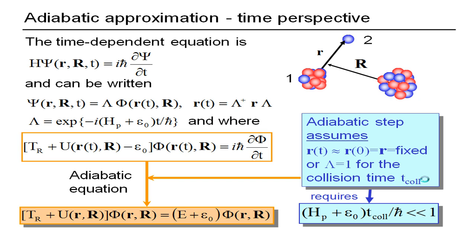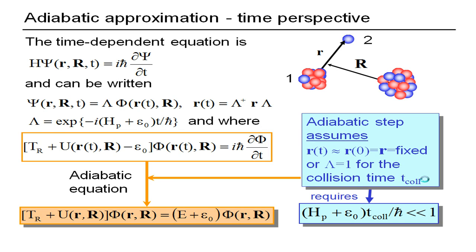Okay, I'm going to leave this one just for those who are more theoretically inclined. If you want to think about what is the condition for this adiabatic approximation to be working from a timescale perspective, then you can write this down with some time-dependent operators, and I'll leave that to those who are more interested in it.